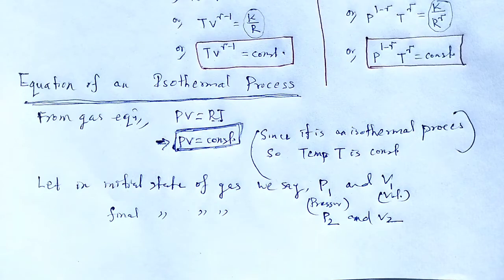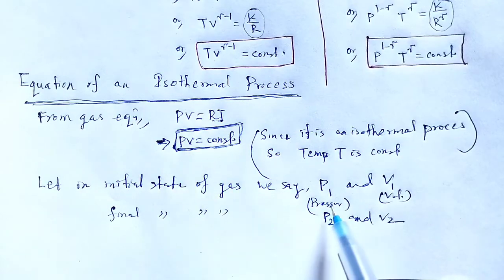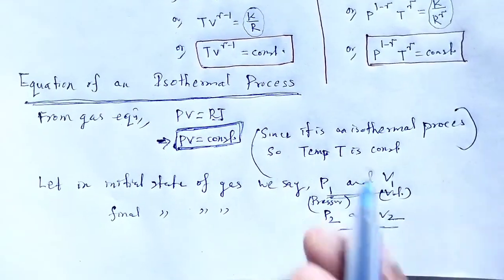Therefore, the equation of the isothermal process will be P1 V1 is equal to P2 V2.